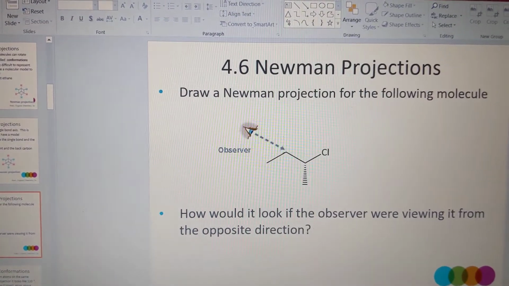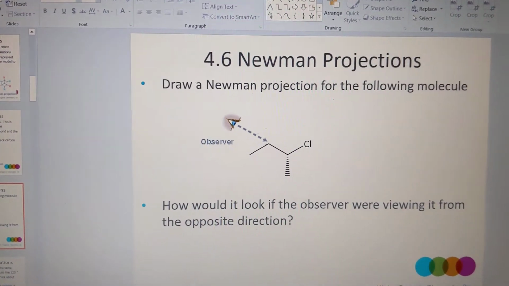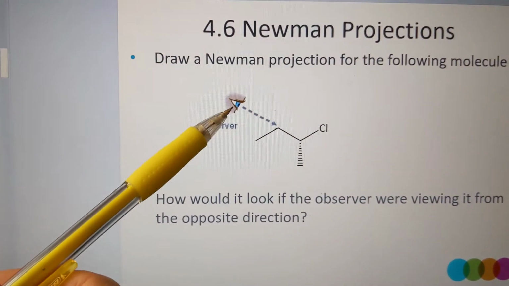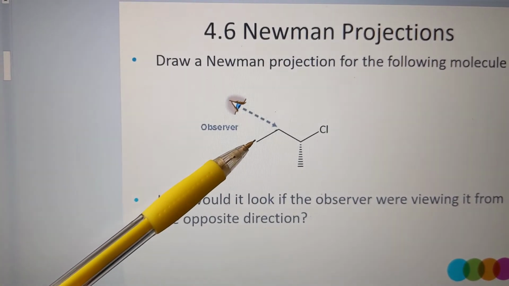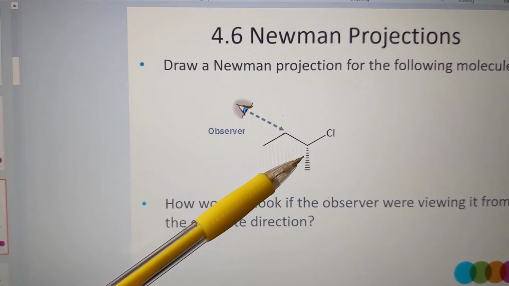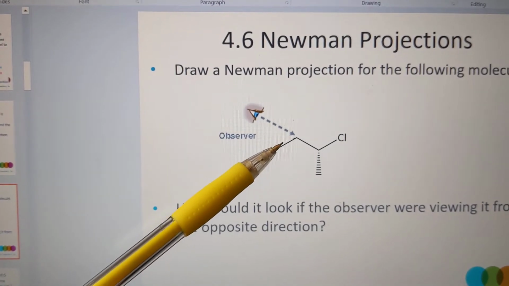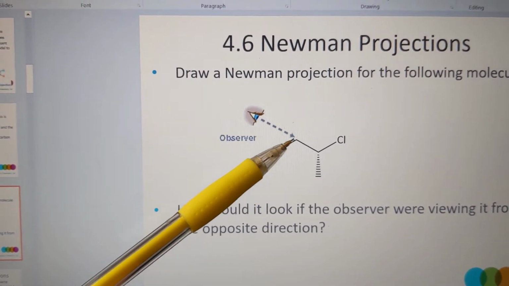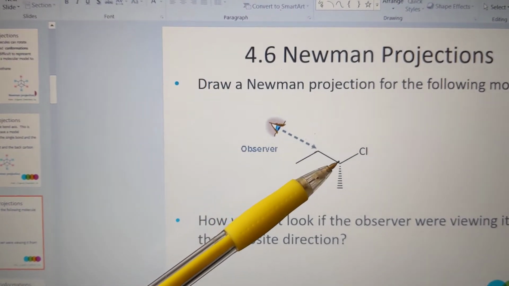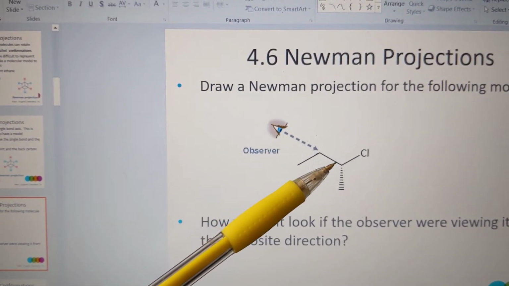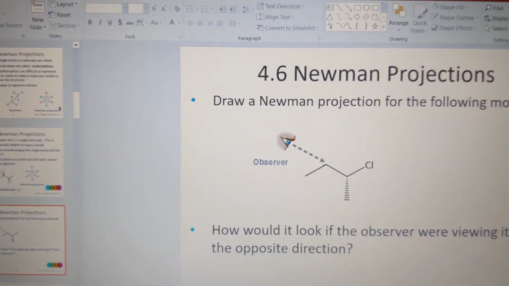The next thing I want to do is to make sure I correctly draw the Newman projection based on where the observer is looking. So if I count this chain 1, 2, 3, 4 carbons, I'm looking down the carbon 2, carbon 3 bond. So I need carbon 2, which does not have the chlorine, and carbon 3, which does have the chlorine, to be eclipsing one another in my model.